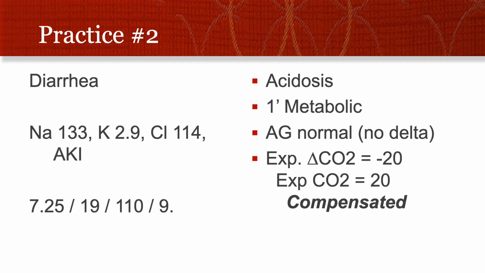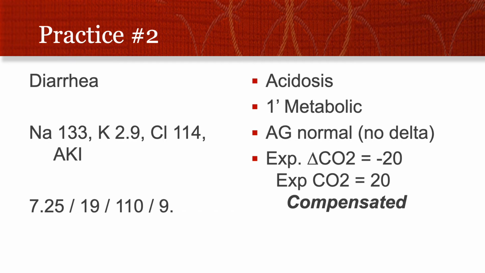We just have to do a compensation formula. In this case, the expected change in CO2 equals 1.3 times the change in bicarb. The bicarbonate is down to 9 from 24, so that's 15. 15 times 1.3 equals 20, and so I expect the CO2 to be down 20.